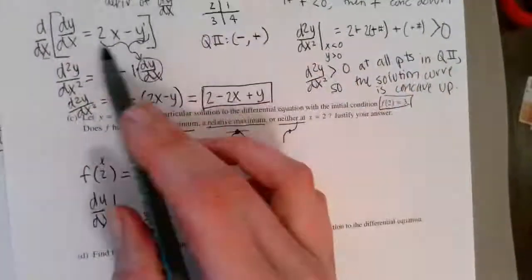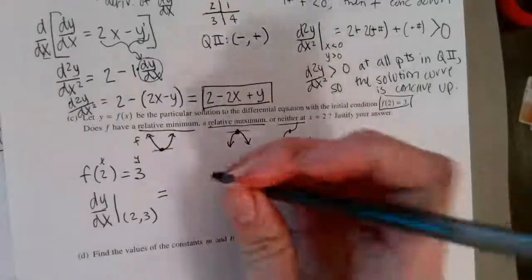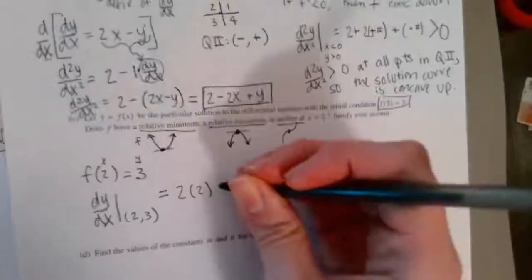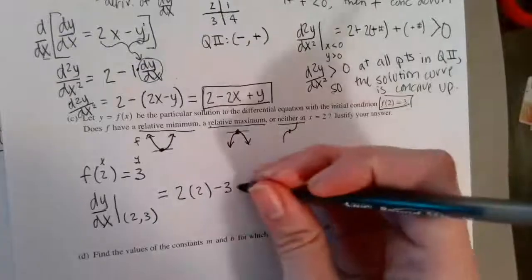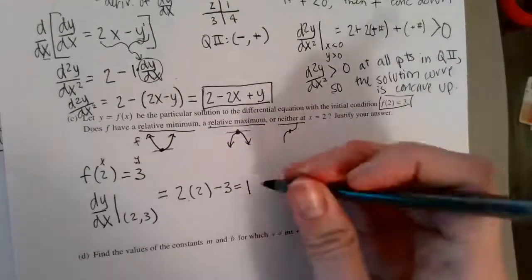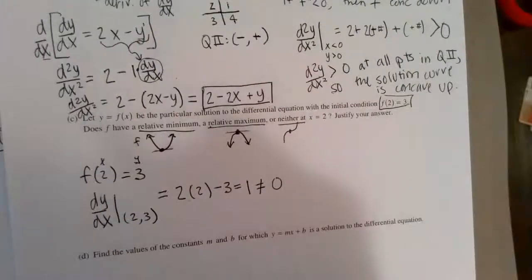Now remember, dy dx is this 2x minus y. So 2 times 2 minus 3, this is 4 minus 3. That equals 1. So my slope is 1, but 1 is not 0.